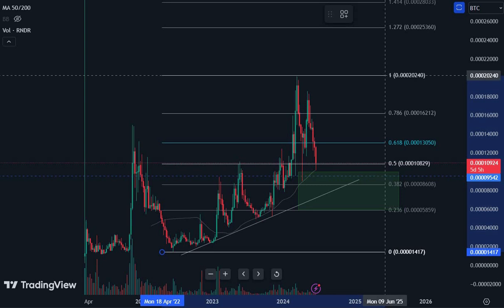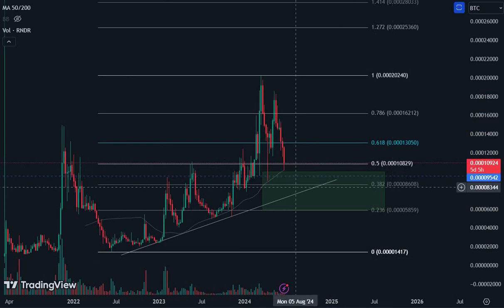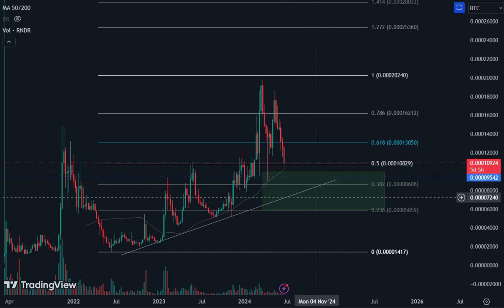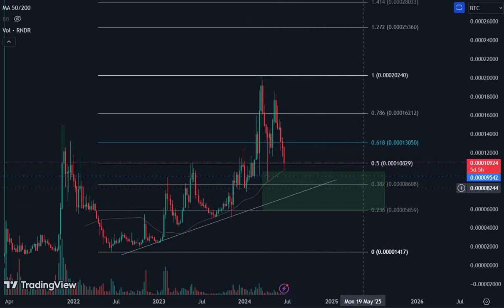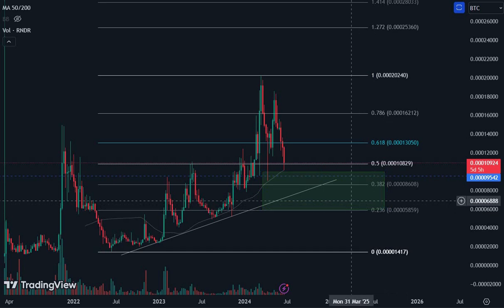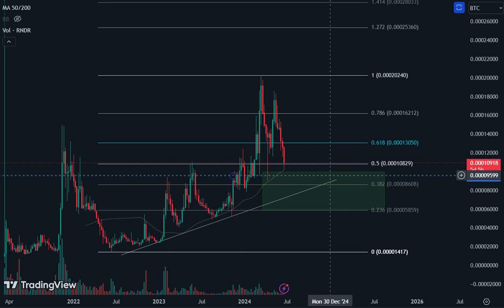So if we put it on the chart, let's see what we can see. We have that moving average, we have this order box, we have an uptrend here, and we have the 0.382 level. I don't think we can reach the 0.236 level because it's a higher cap coin, and BTC would have to go down to like 50k or even lower.